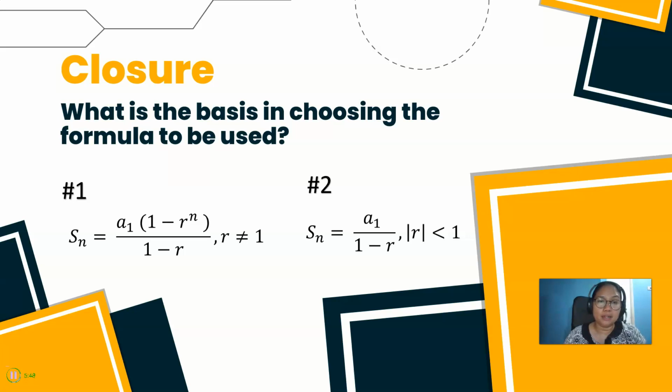Yes, that's number 1, because of the presence of the variable n, which indicates the total number of terms. Which formula is to be used for infinite geometric series? Yes, it is number 2.